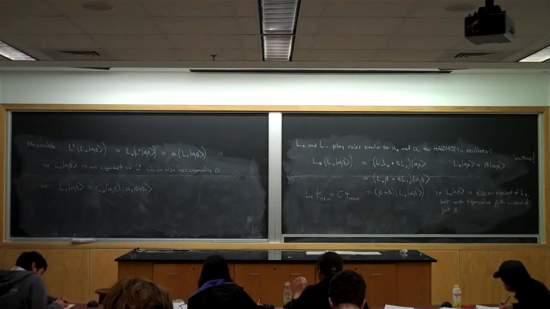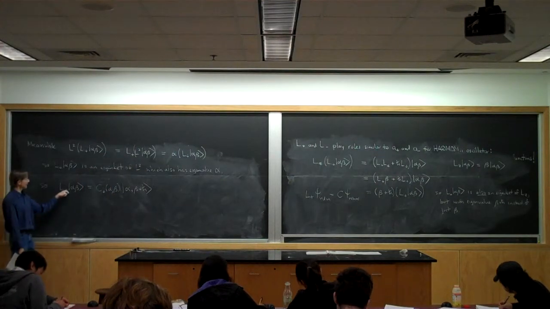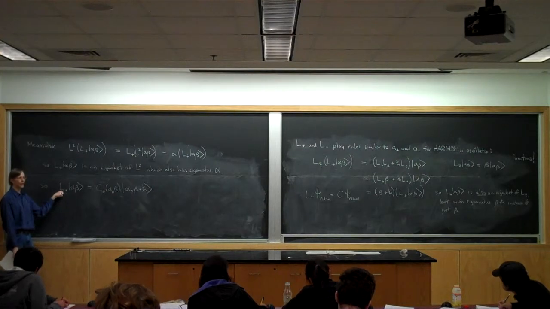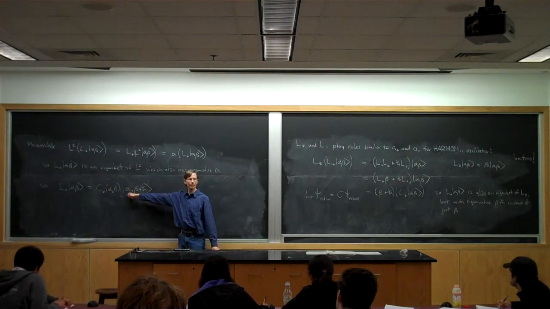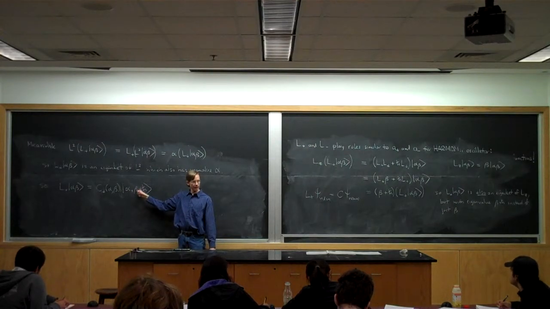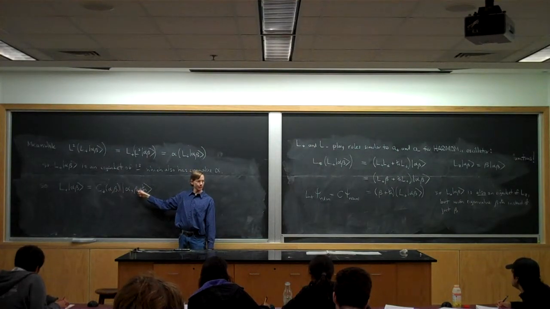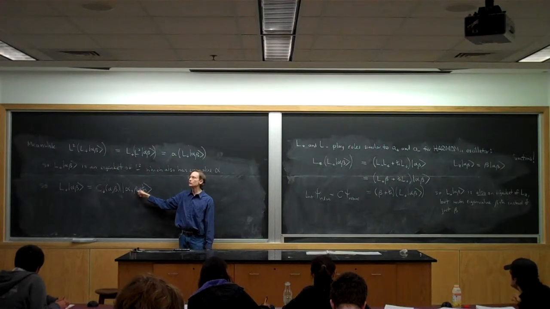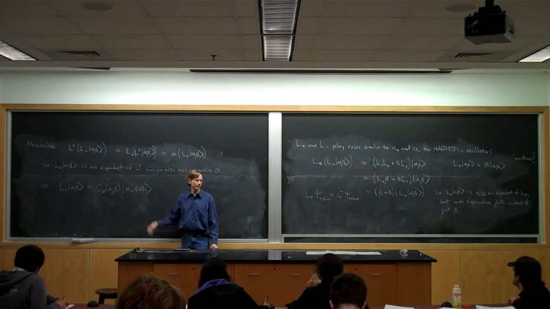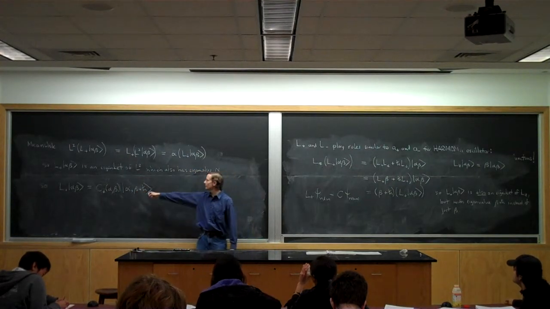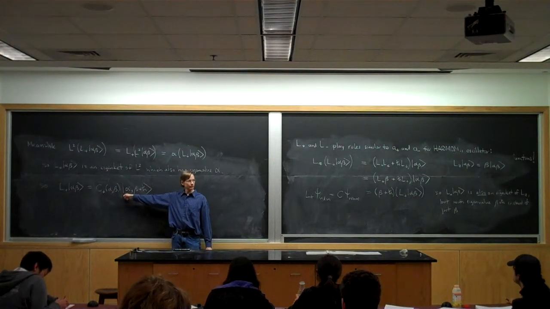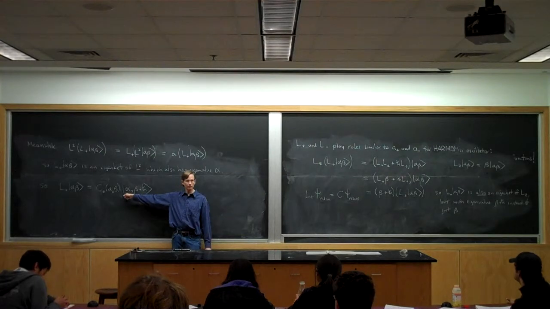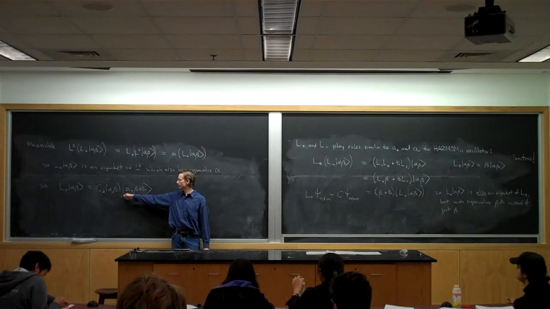So in other words, if I hit the ket alpha beta with L plus, I get a ket where the value of alpha is the same, but as we said before, the LZ eigenvalue increases by h bar. So the new value of beta is the old beta plus h bar. We've raised the z component of the angular momentum by h bar. We've left L squared alone. We've left the total angular momentum squared alone.